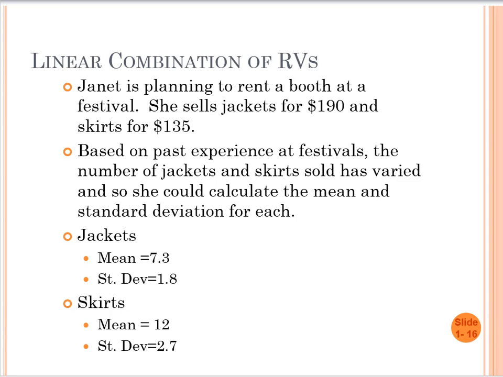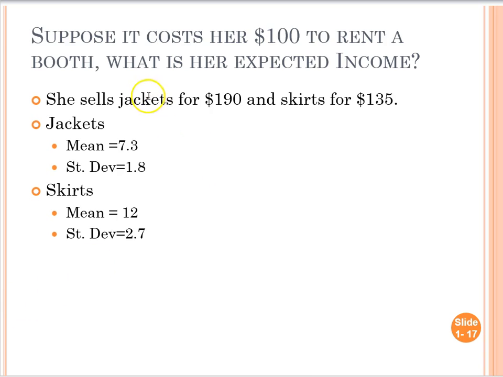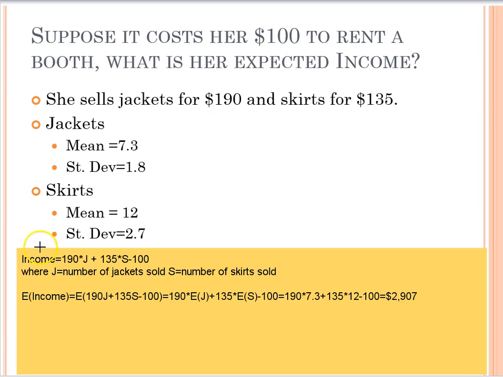What we're interested in calculating then is what her expected income is going to be. Now it costs her money to rent a booth, and so we have to figure out this new random variable of income. So we can start by determining the formula for income. The way we figure out income is total revenue minus the cost of operating this business.